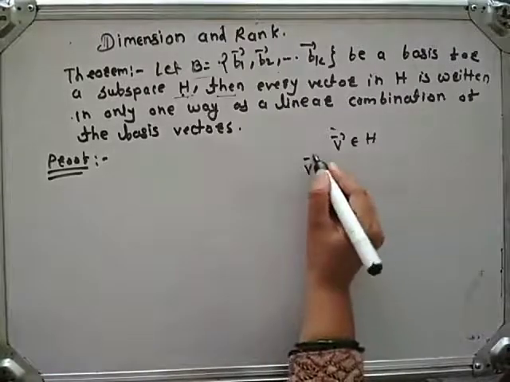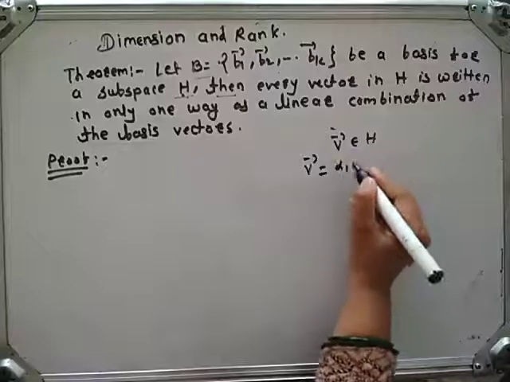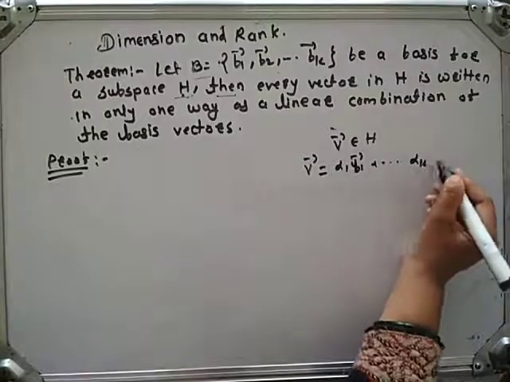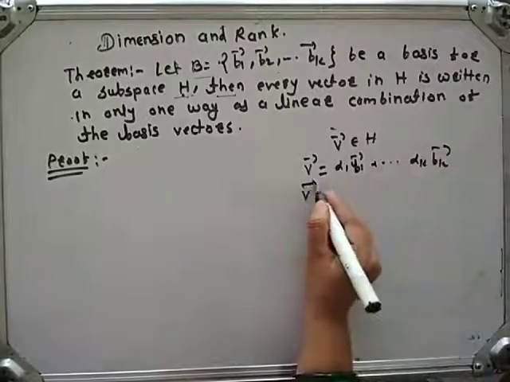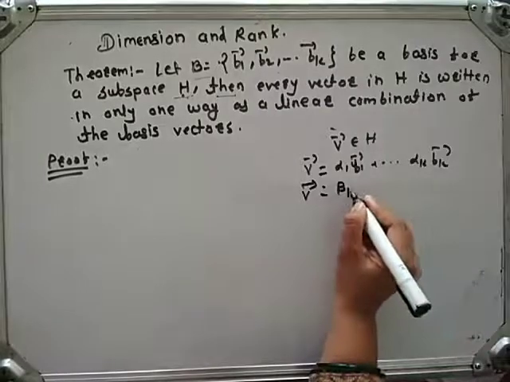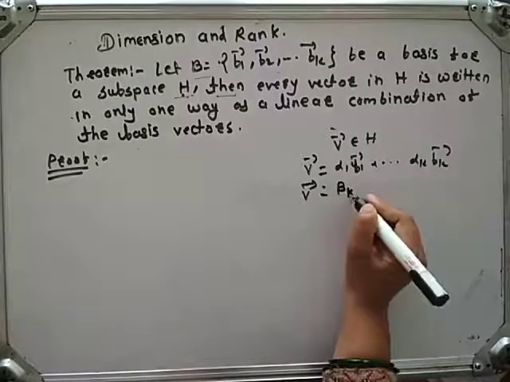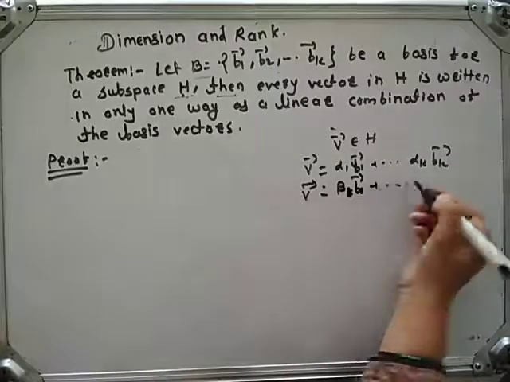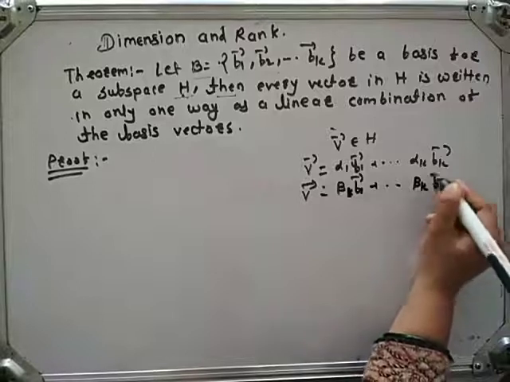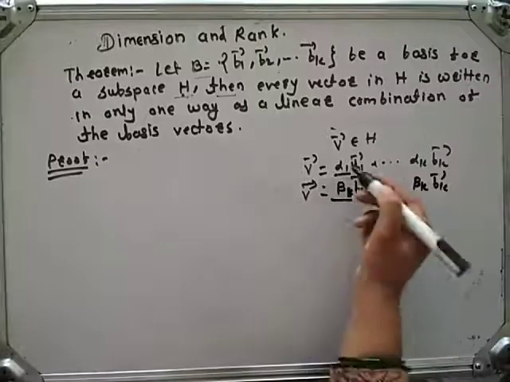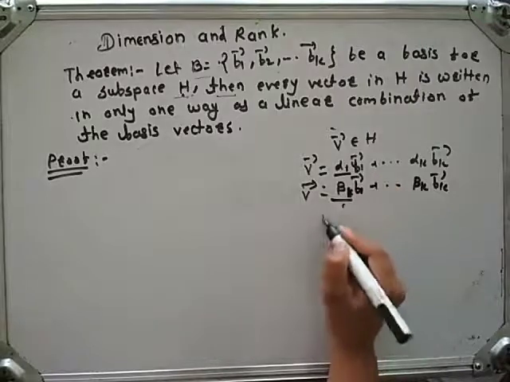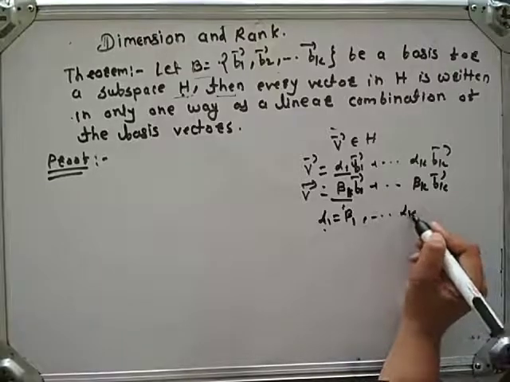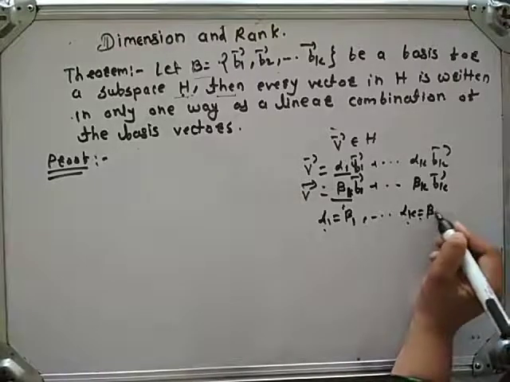Means here if we have taken V bar equal to alpha 1 into B1 bar plus and so on up to alpha k into Bk bar, and V bar is also, suppose we have taken another linear combination, beta 1 into B1 bar and so on up to beta k into Bk bar, then we have to show that alpha 1 is equal to beta 1 and so on up to alpha k is equal to beta k.